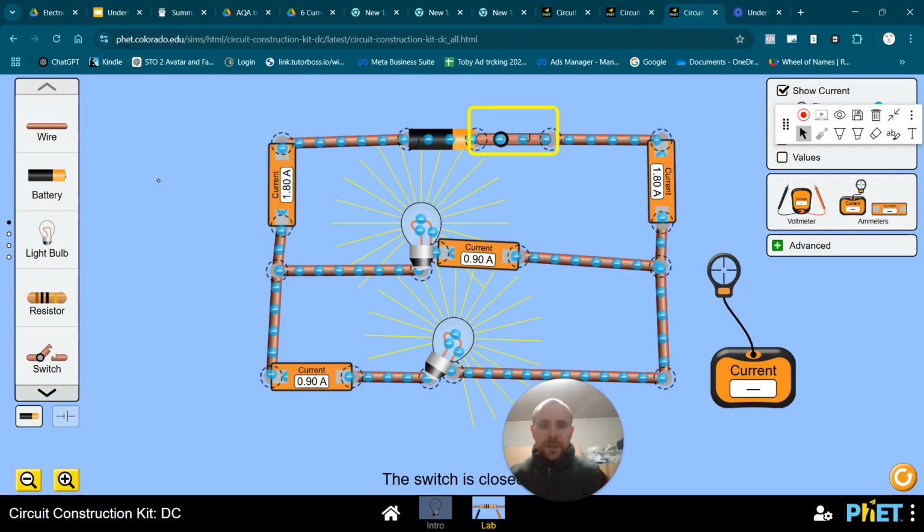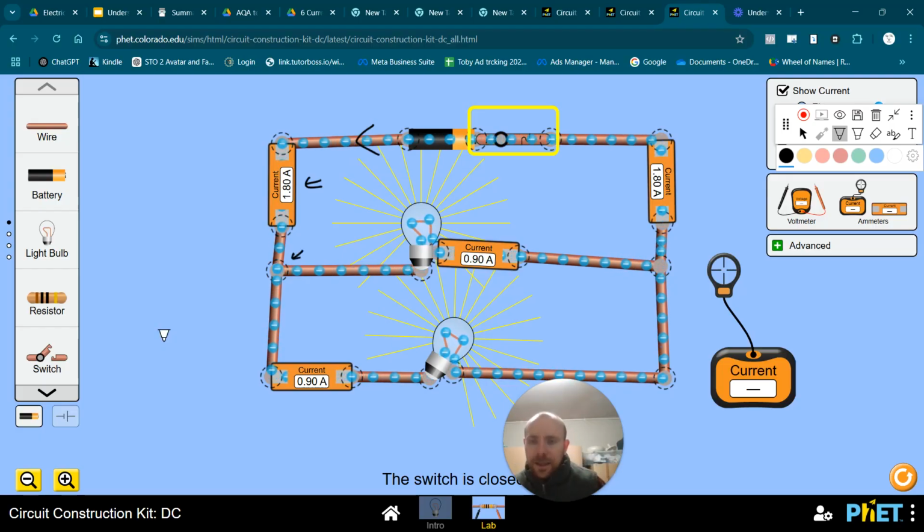So I'm going to turn that switch on, and using the ammeters they've given us here, you can actually see pretty much what's going on. You've got a flow of current. In this case, you've got 1.8 amps going here. And the rule about parallel circuits is that whatever goes into this junction, you can see there's a junction there, like a road junction, whatever goes into that junction is going to equal whatever comes out of it.